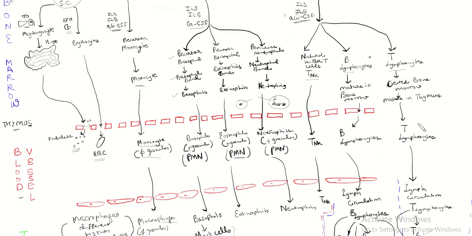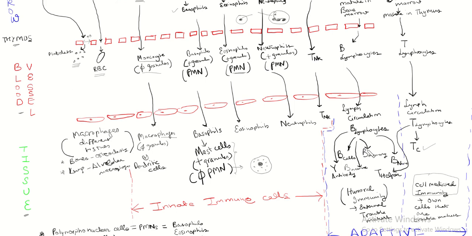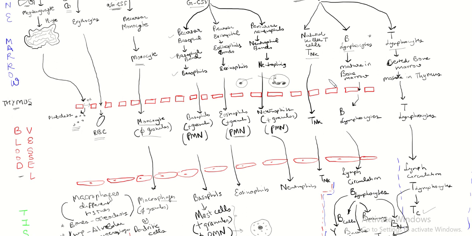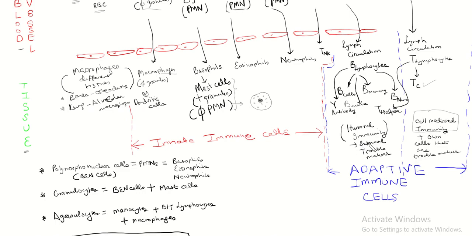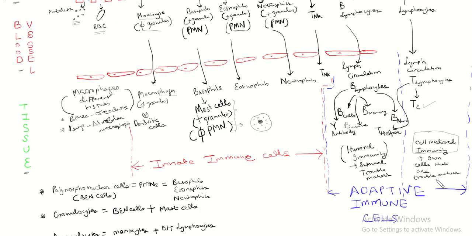Okay, so again, adaptive immunity: you have the B cell, which is the humoral immunity, for external troublemakers, and then you have T lymphocytes, which are for cell-mediated immunity, for the internal troublemakers, and these two form adaptive immune cells. This is the adaptive immune system. That's it.